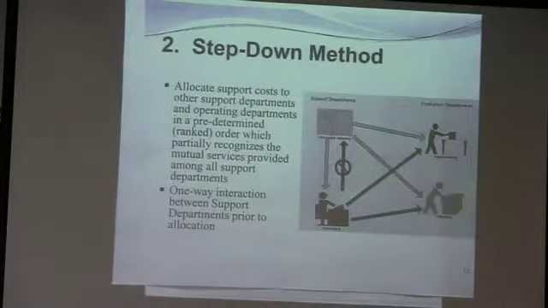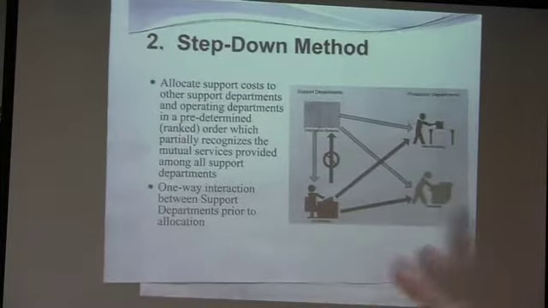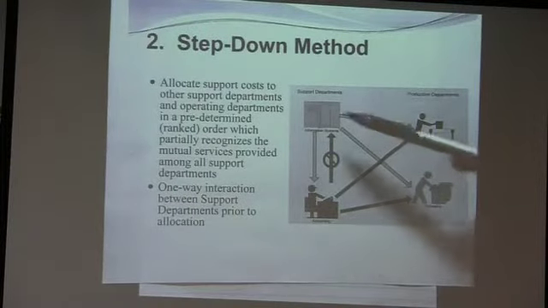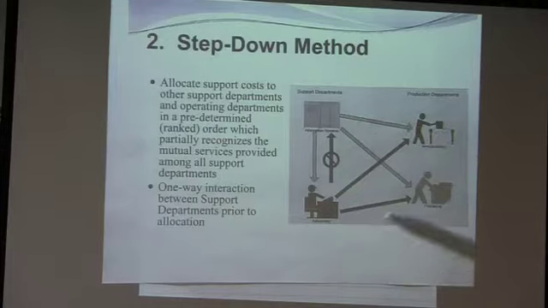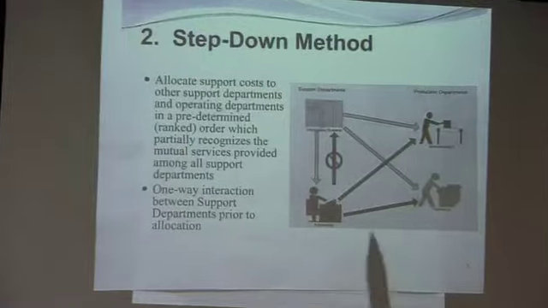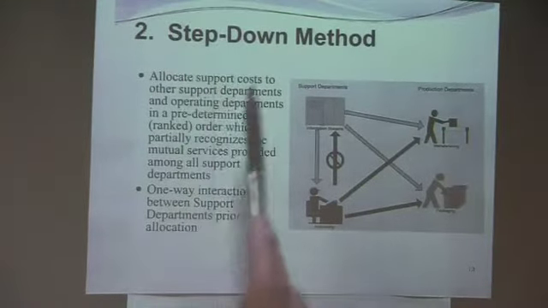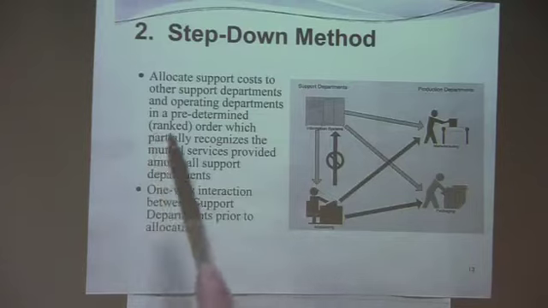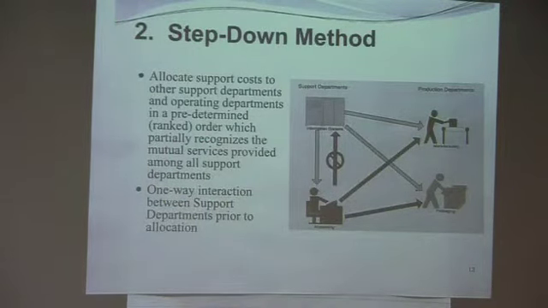This method recognizes that certain support departments do support each other, and therefore the cost associated with that support should be allocated to that support department. But a step down means we're going to use a predetermined ranking order in which we decide which department allocates to another support department.